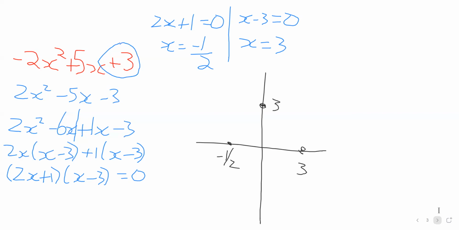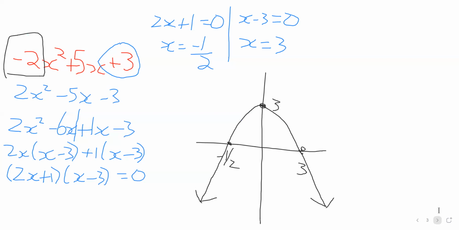So it looks something like this. It'll be a frown. A cool trick to remember: if the coefficient of x squared is negative, it's a frown, and if it's positive, as we've seen before, it'll be a smile.